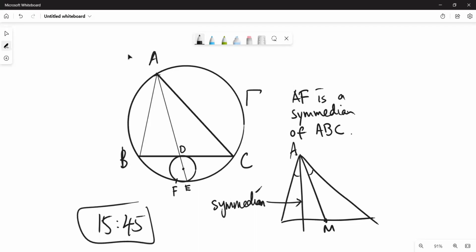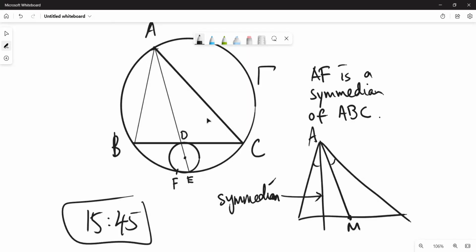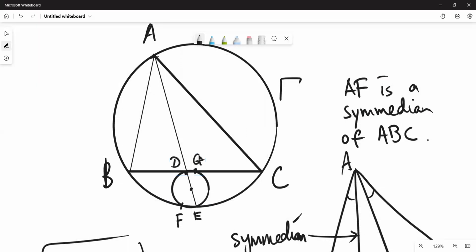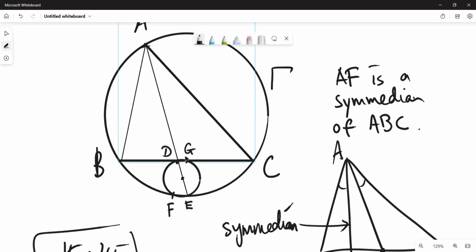Okay, so I've received a few responses. They are very good responses. So one of them is to create this point G here, right? So this is D, and then this is G, which is the second intersection point of the circle with diameter DE and BC. So first of all, G is the midpoint of BC. Why?